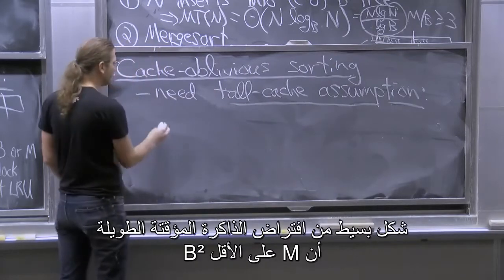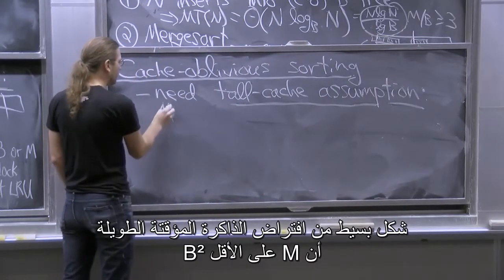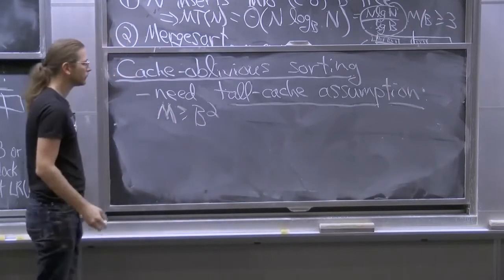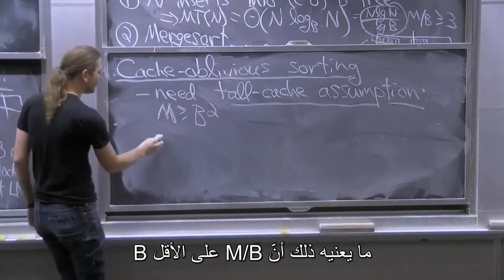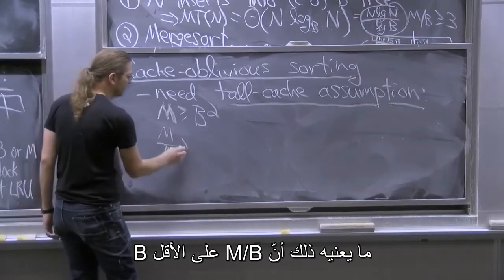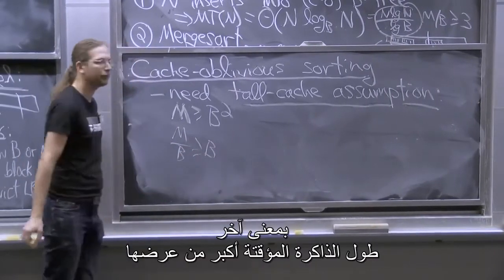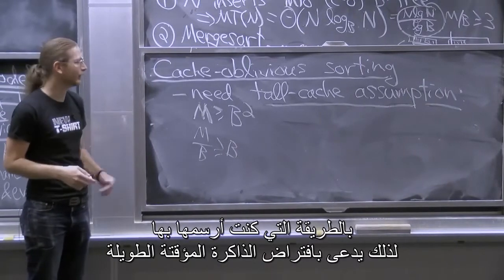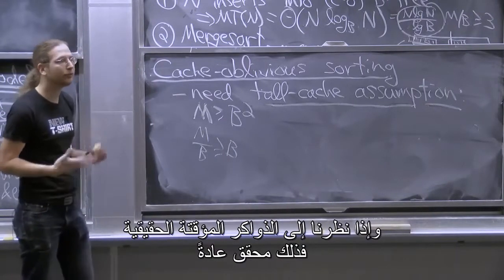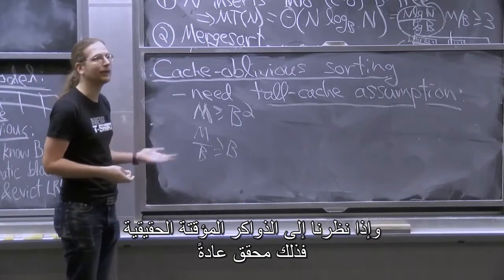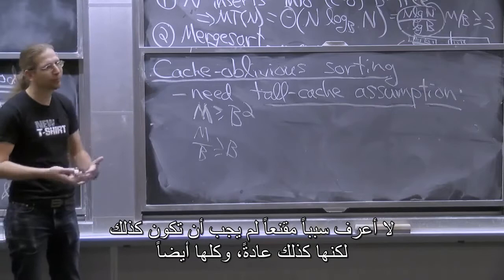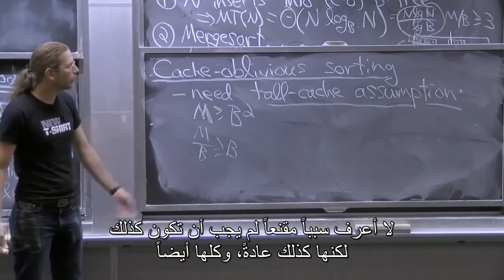A simple form of the tall cache assumption is that m is at least b squared. What that means is m over b is at least b. In other words, the cache is taller than it is wide, the way I've been drawing it. That's why it's called the tall cache assumption. And if you look at real caches, this is usually the case. I don't know of a great reason why it should be the case, but usually it is, so all is well.